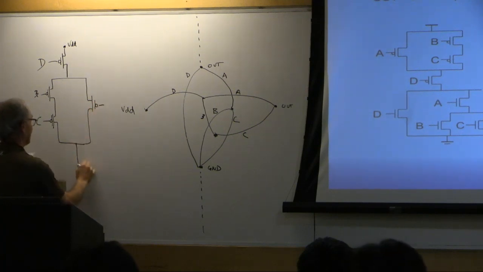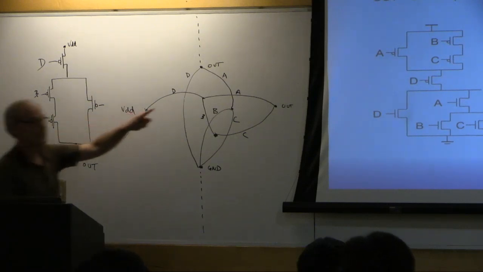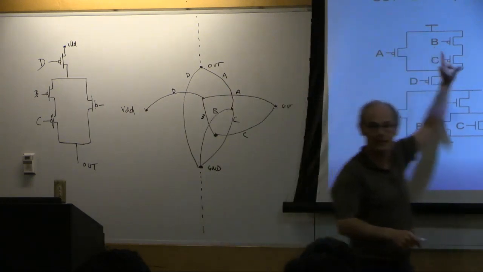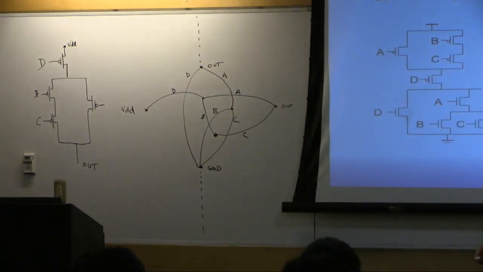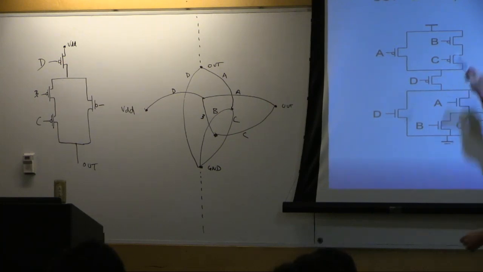And then this is out. And I think that matches this, except it's upside down, and it really doesn't matter. It functions the same. All right, so that's a graphical way to form a dual using dual graphs. And sometimes it's easier to do that if you don't have a convenient way to get the Boolean expression or it's too complicated. So I just thought you should see that method.